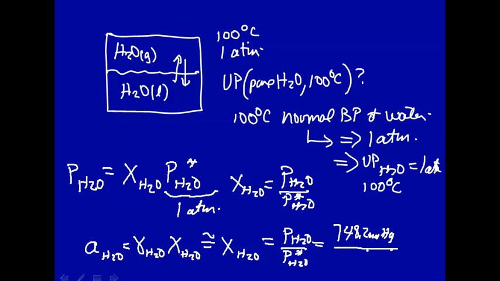The vapor pressure of pure water at 100 degrees, when it's boiling, is 760 millimeter mercury. So the activity of water in that solution is 0.9845. We'll put 4 significant figures, I guess. All right, so that's how you calculate activities, as the ratio of the pressure above the solution divided by the pressure if the solution were pure water.